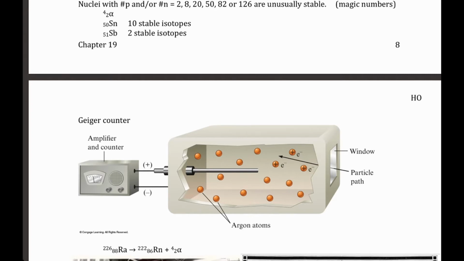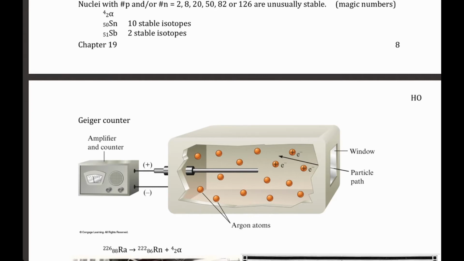And those particles enter into the argon atom chamber, and they cause the argon to be ionized, to be made into cations and electrons.